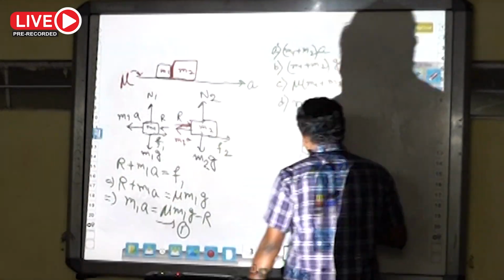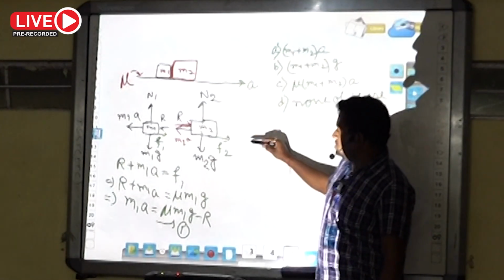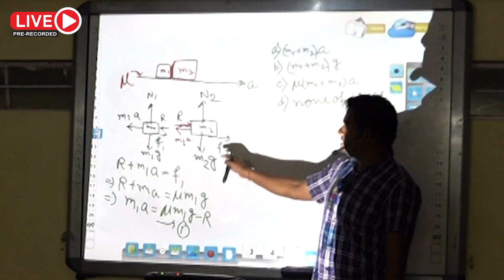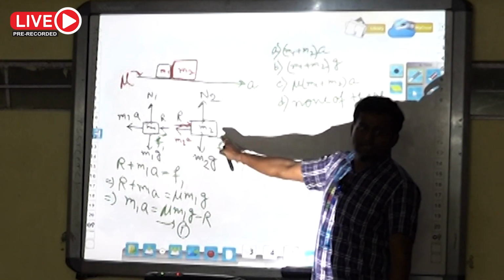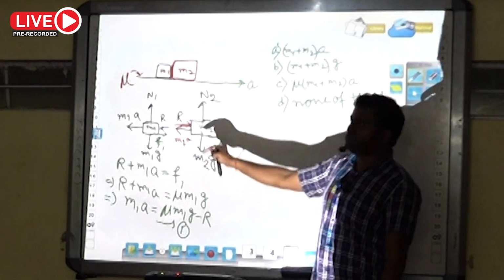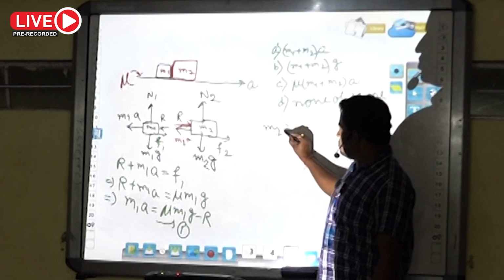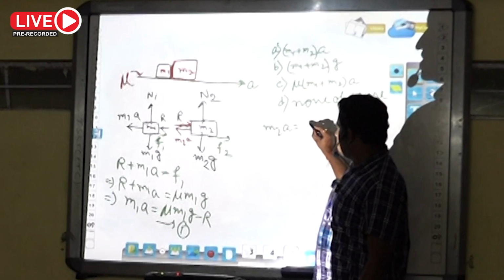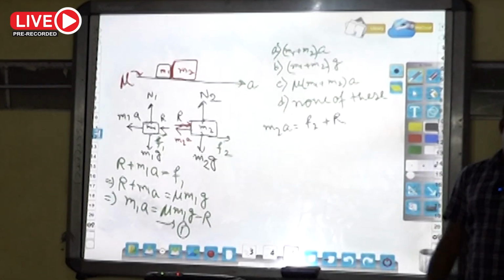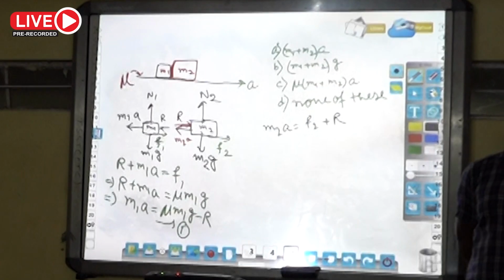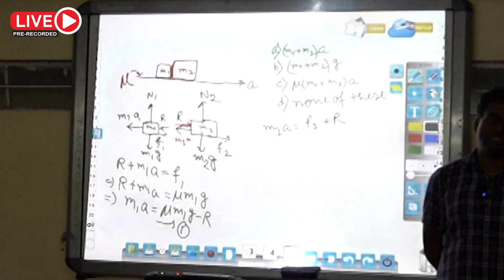Similarly, I will write the horizontal equilibrium equation for M2. How many horizontal forces are there? Three. Among them R and F2 are directed in the same direction and M2A is in the opposite direction. So can I write M2A equal to F2 plus R? For horizontal equilibrium of mass M2, the horizontal forces will balance each other.